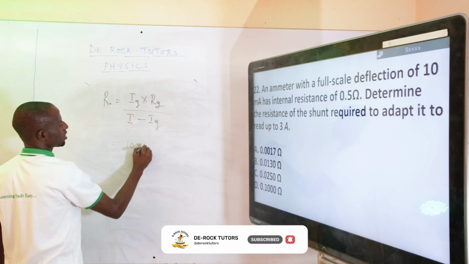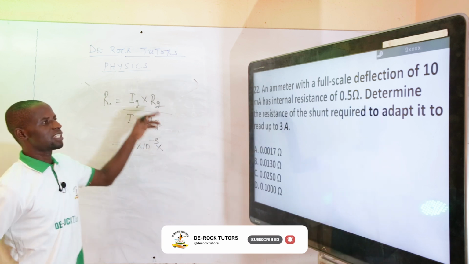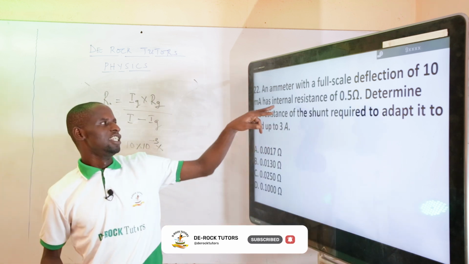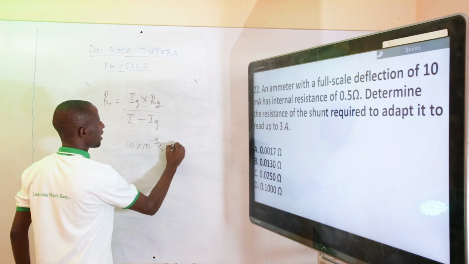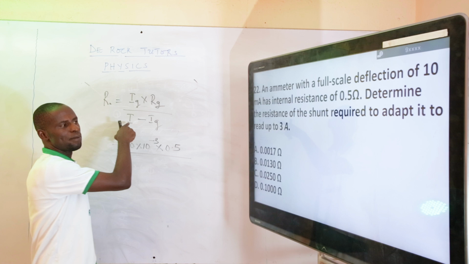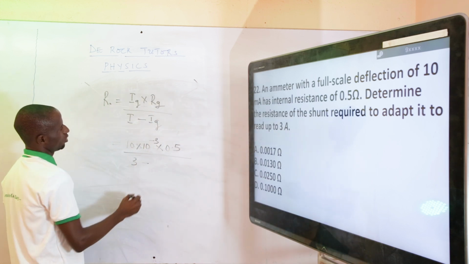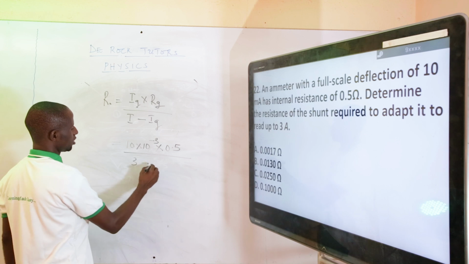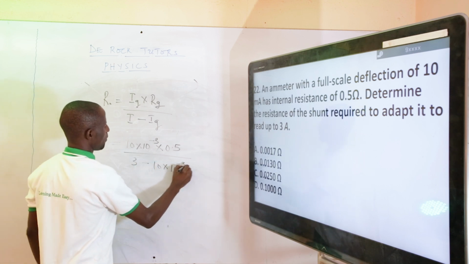That's 10 times 10 raised to power minus 3, multiplied by the resistance of the galvanometer, which is the internal resistance given there, 0.5 ohm, divided by the circuit current I, which is 3, minus the current of the galvanometer, 10 times 10 raised to power minus 3.